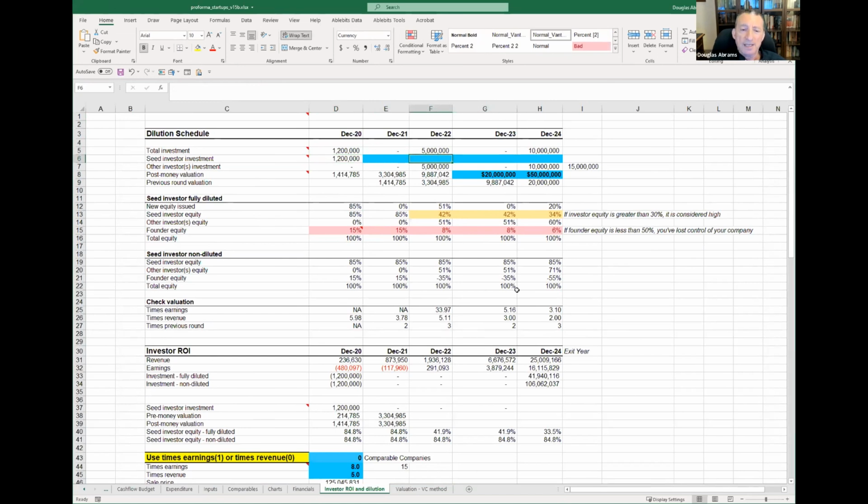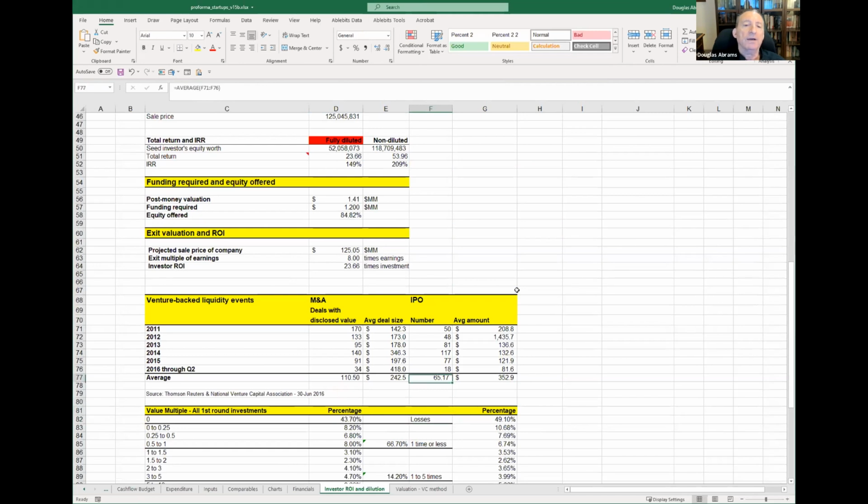Instead of getting diluted by 20% in the second round, let's say the seed investor decided to invest 20% of the second round. So they invest 1 million of the 5 million that's invested in the second round. This means they will be diluted less. And we can see that if we go down here.